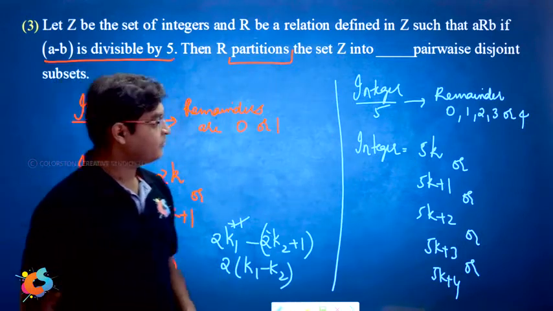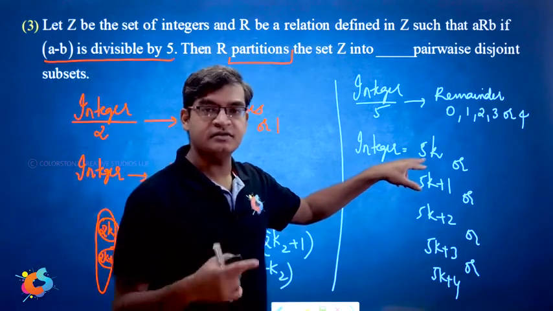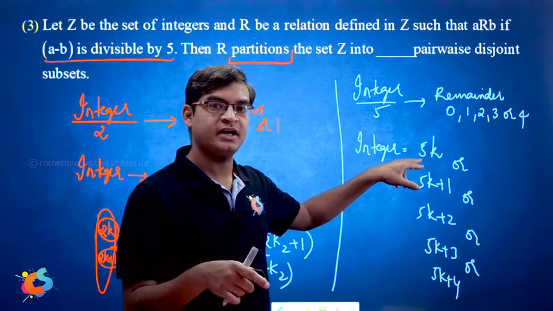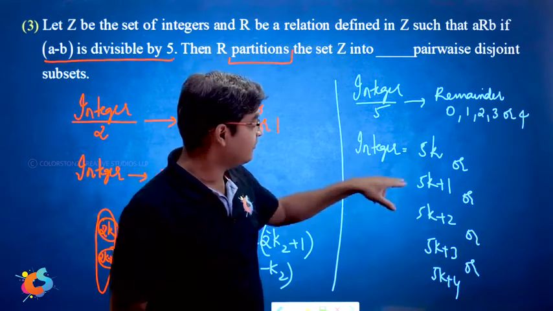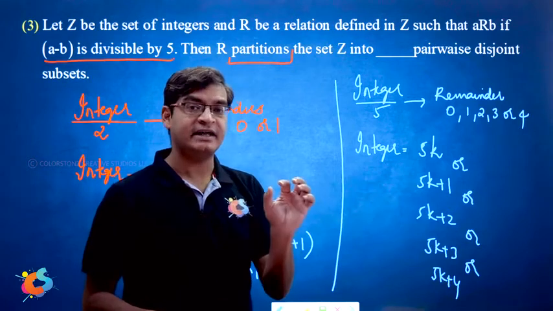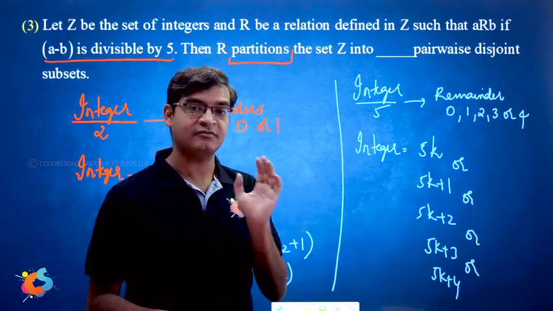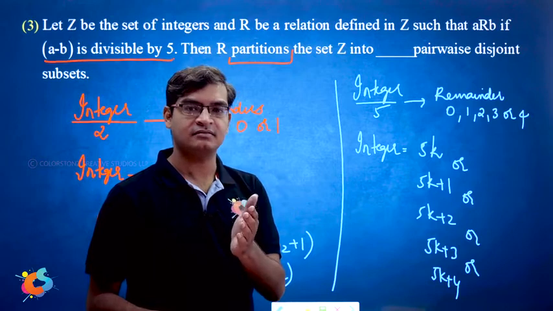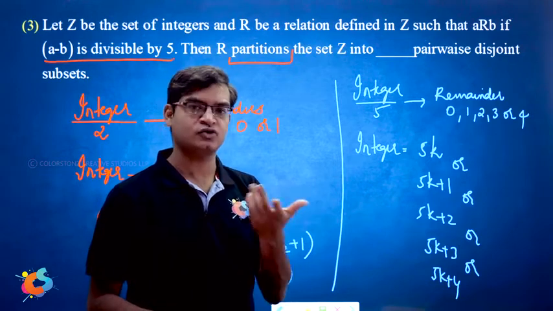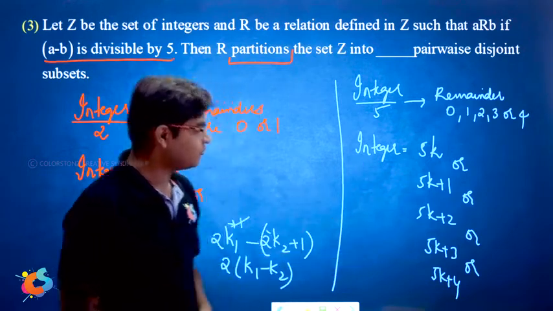These are 5k type numbers, meaning 0, 5, 10, minus 5, minus 10, and so on. 5k plus 1 means on dividing that integer by 5 you get remainder 1, like 6, 11, 16, minus 6, and so on.